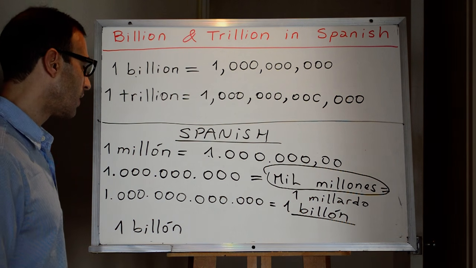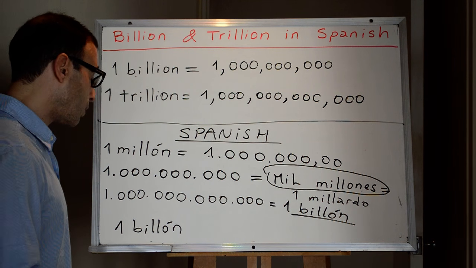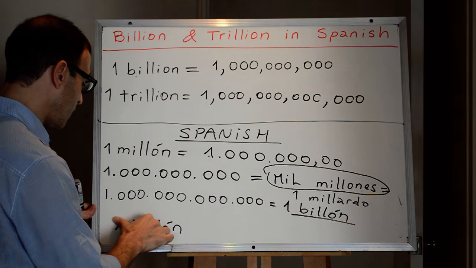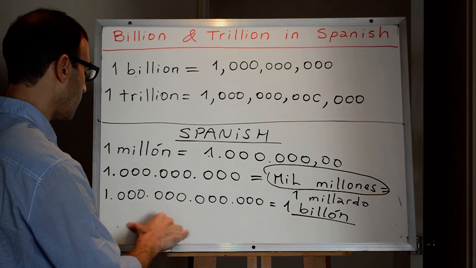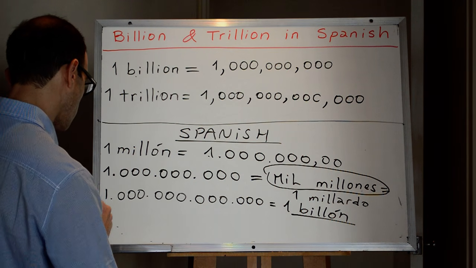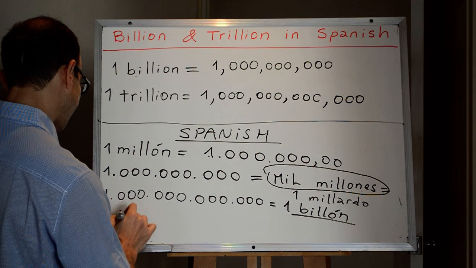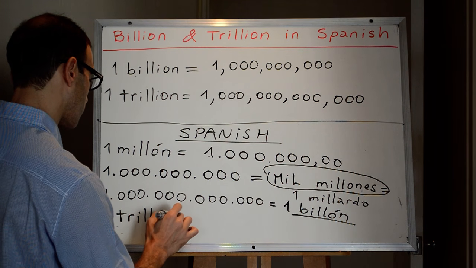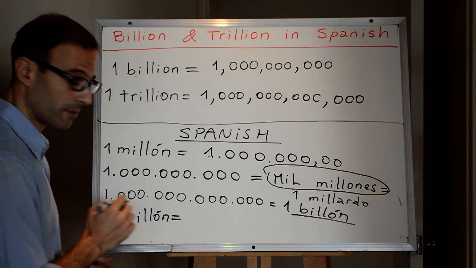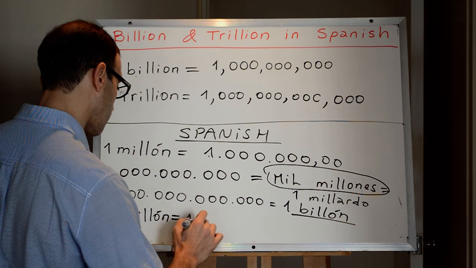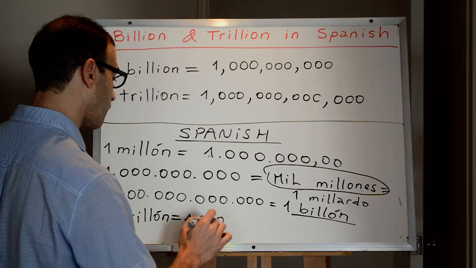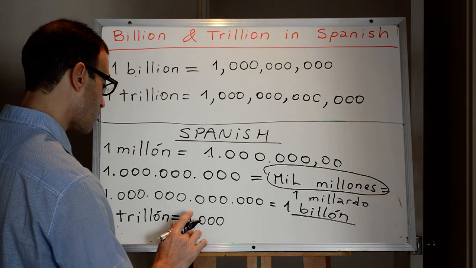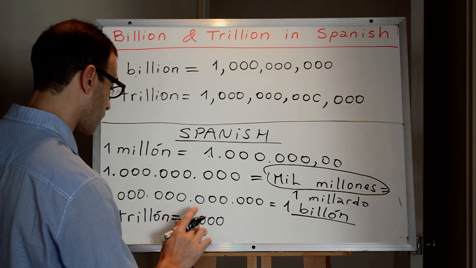Okay? So, and when you're talking of trillón, look at this. Un trillón. Let's see how many zeros we have here. We have 3 zeros for the thousand. Sorry, in Spanish I should use the dot, not the comma.